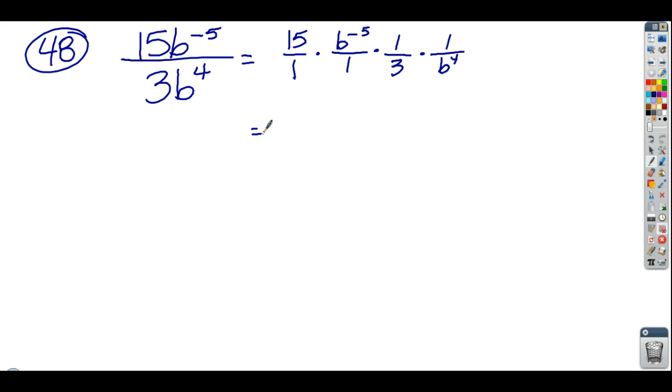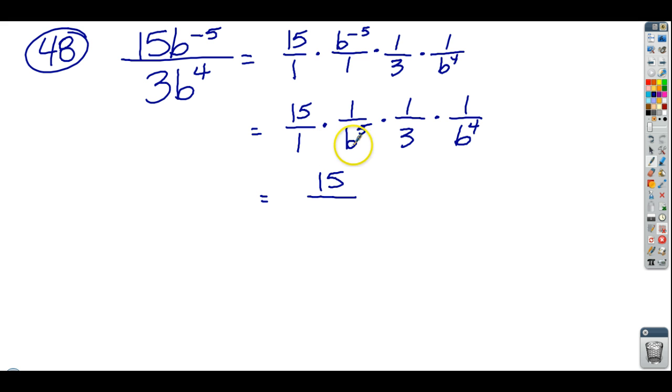I'm not going to walk through this whole thing again. You should understand at this point that when you do this, it flips. I'm going to get 1 over b to the fifth. It was negative, it moves to the denominator, now it's positive, times 1/3 times 1 over b to the fourth. Now when I multiply all the way across, I get 15 times 1 times 1 times 1, which is just 15.